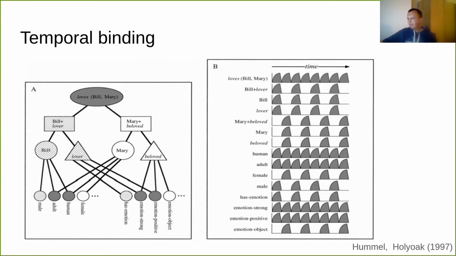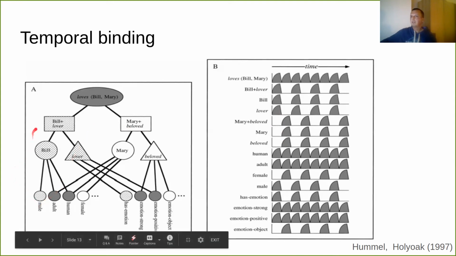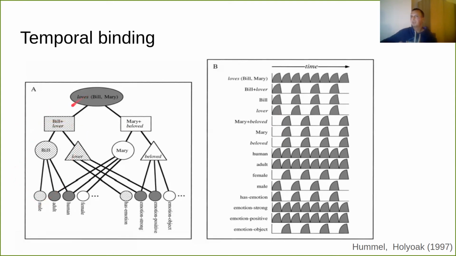This looks nice and simple and good, but there are several problems with it. First of all, such an account predicts that you have distinct representations of roles and relations. So relational concepts in this view consist of a predicate representation, such as loves, the concept of loves in general, and a distinct representation of a lover and a distinct representation of beloved.